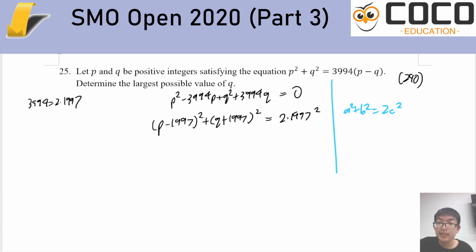The idea is that this is actually one step away from a Pythagorean triple. If you multiply this by 2, now I've made the right side into a square, but the left side is still a sum of squares. And that is something I can apply to here, where a and b are these two things.